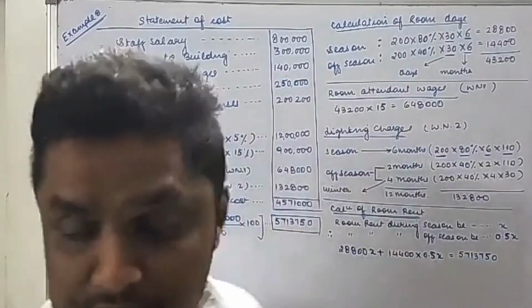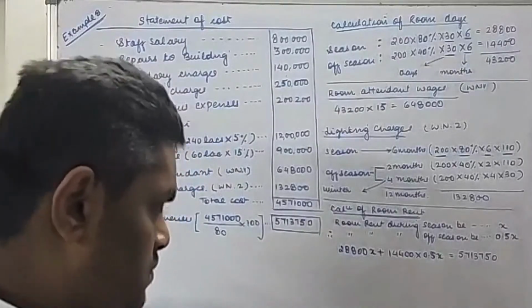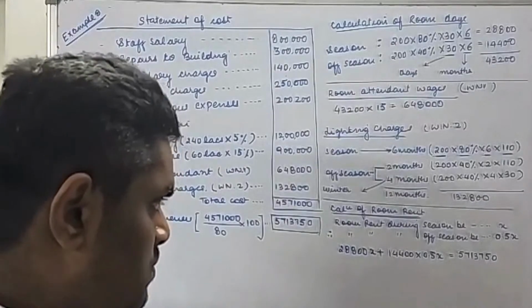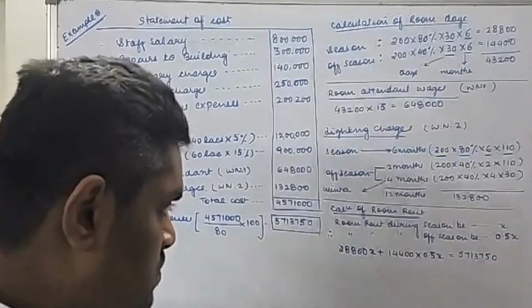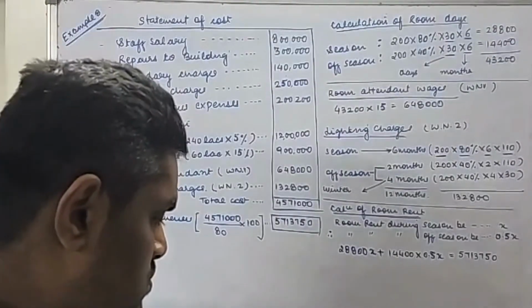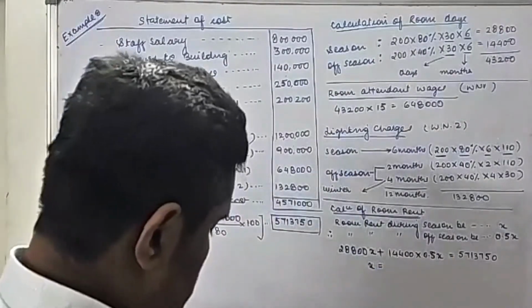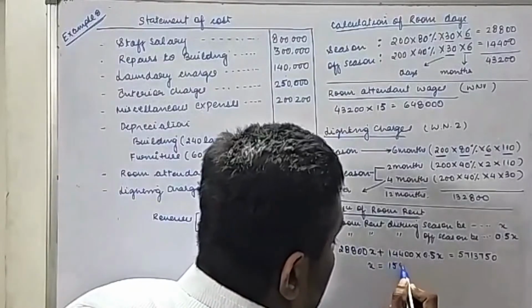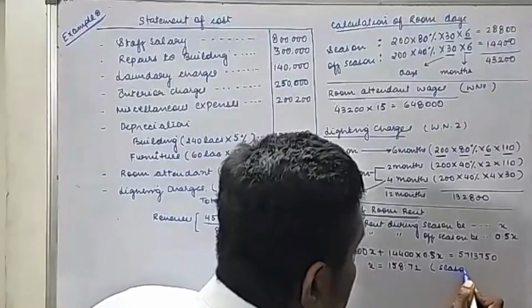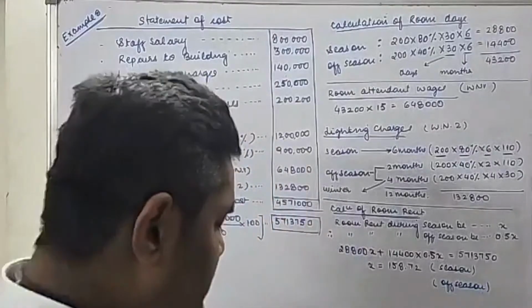So this will be the value of X, and for the off season it will be half of that.